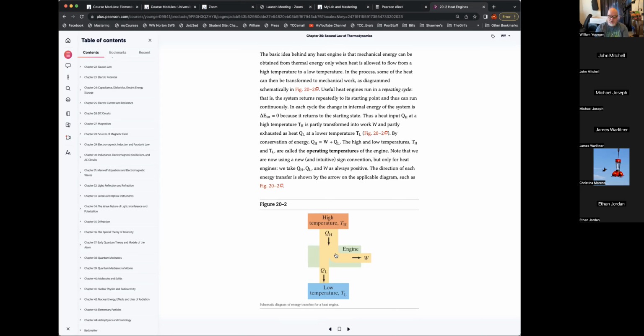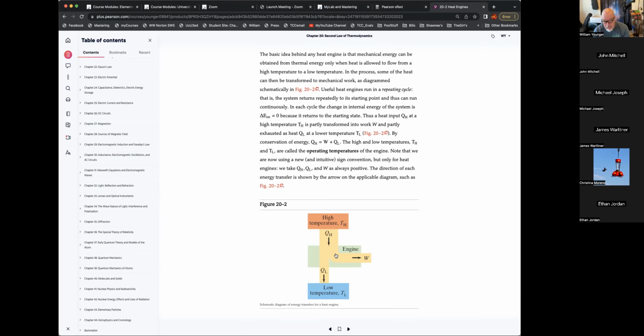And that energy that is still higher than the energy the gas had when it came in, that's spit out to a colder temperature. And the efficiency of such an engine, all engines, including the Carnot engine, is basically what you get, which is the work, divided by what you pay for, which is the QH. Well, if you'll notice that QH supplies everything, so QH is actually equal to W plus QL, which means W is equal to QH minus QL.